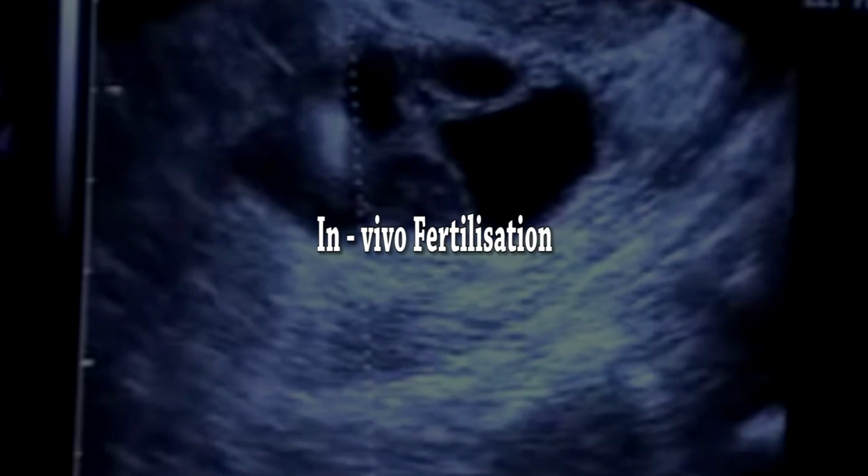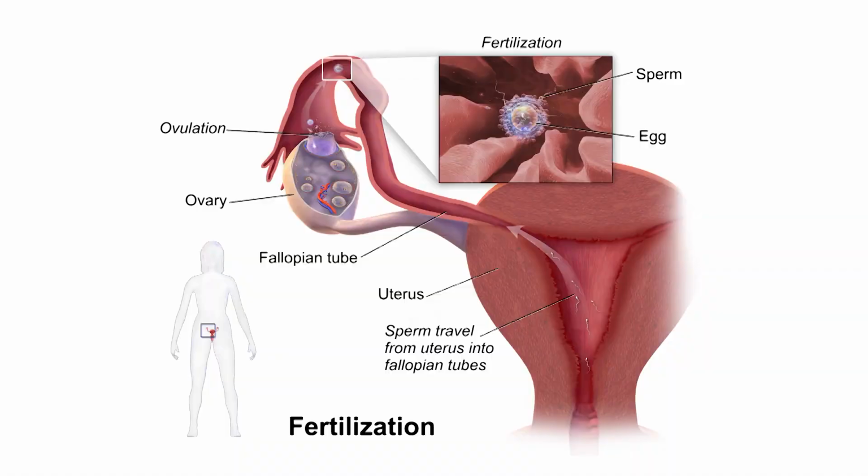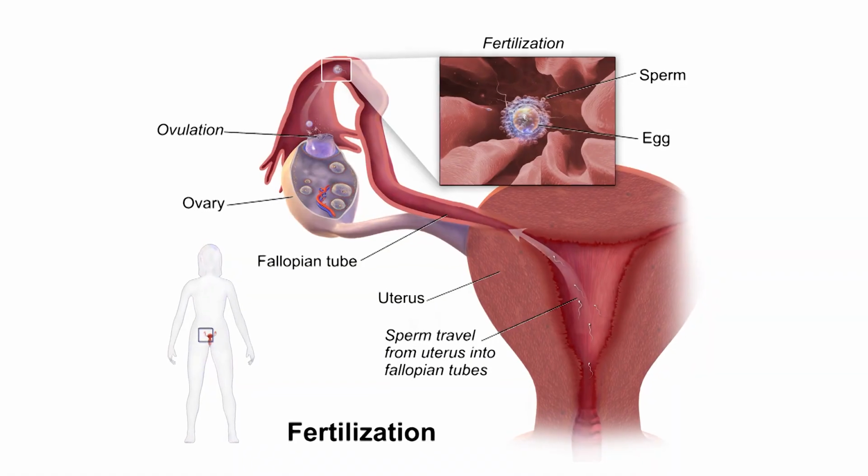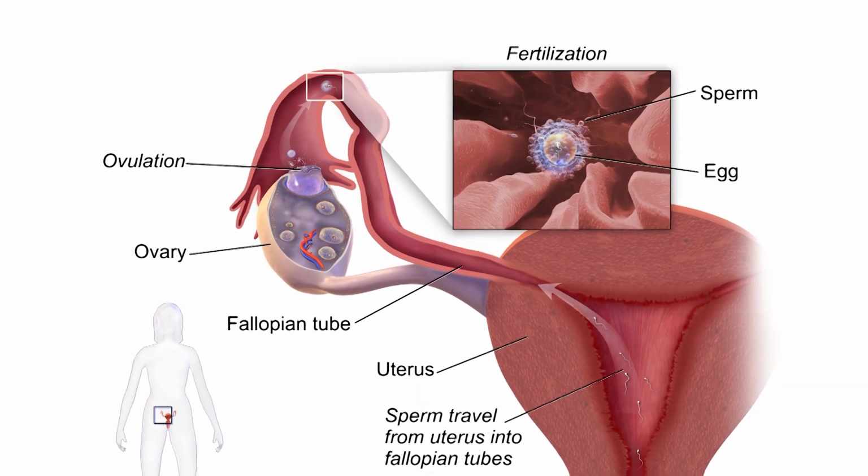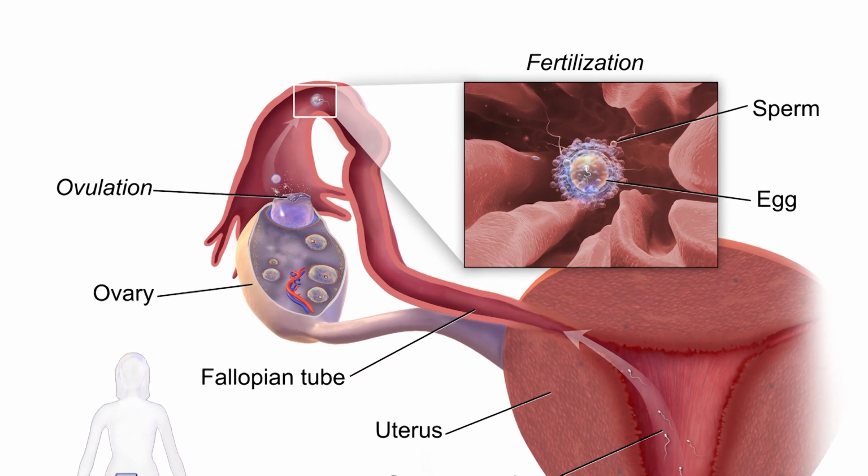In vitro fertilization. The process involves monitoring and stimulating a woman's ovulatory process by hormonal treatment, followed by extracting the ovum or ova from the woman's ovary and letting the sperm fertilize.